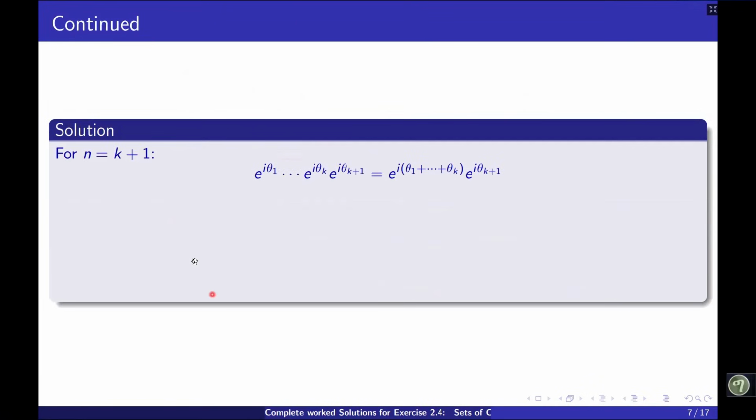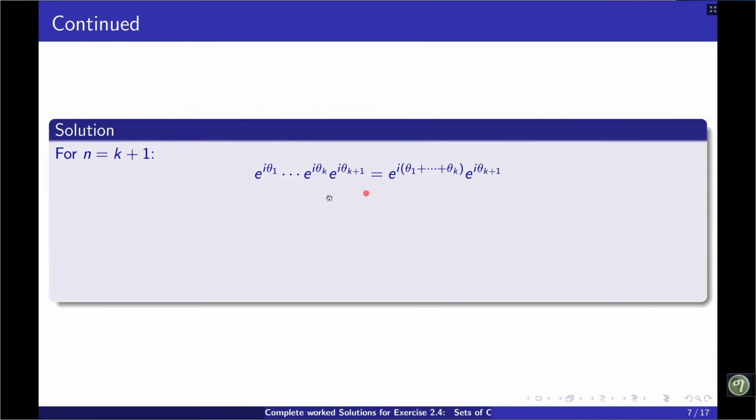Then we need to check whether the theorem holds true for the next natural number, that is n equal to k plus 1. We have here e to the power of I theta 1 times up to e to the power of I theta k, which was previously identical with e to the power of I theta 1 plus theta 2 plus theta k.